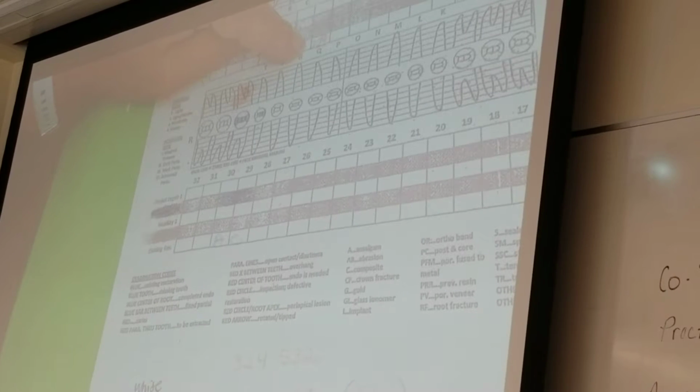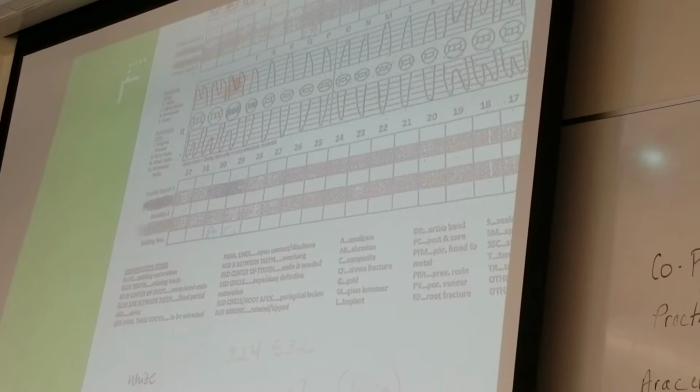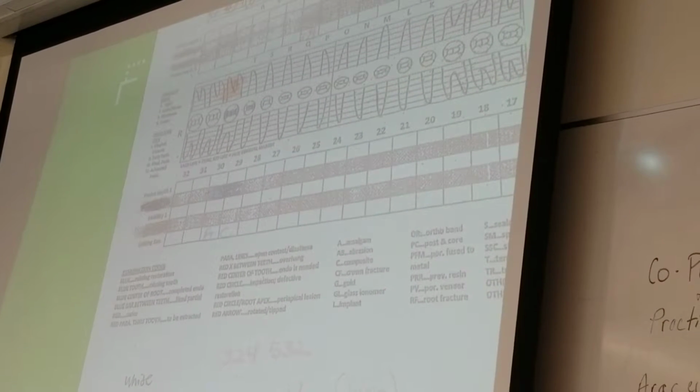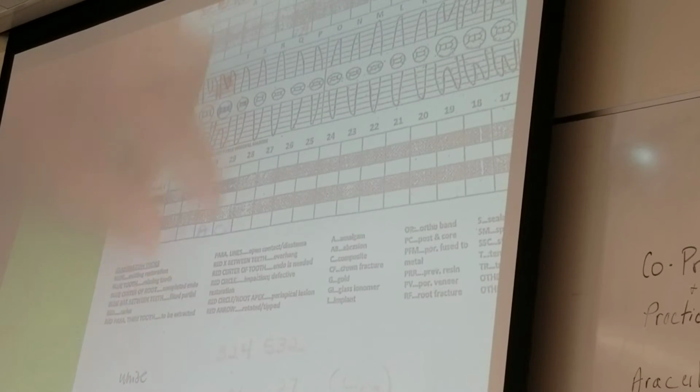So when you go on the lingual surface, you just have to get used to writing from left to right, not right to left like you normally do. On the lingual, it's going to be from right 17 to left 32. You have to kind of get used to writing backwards a little bit.